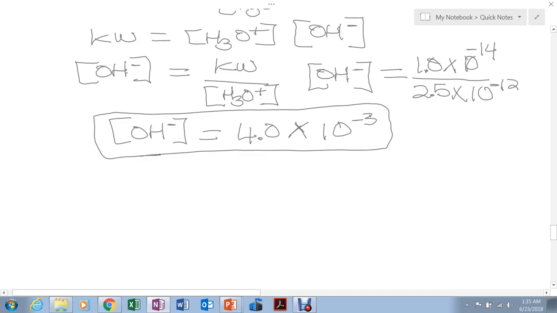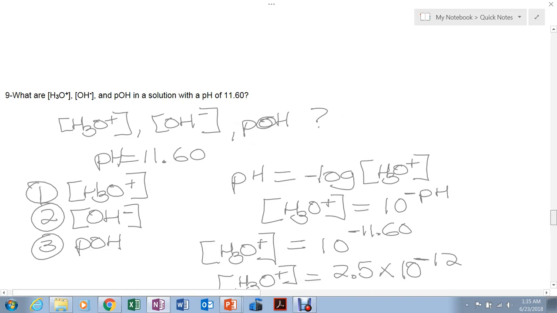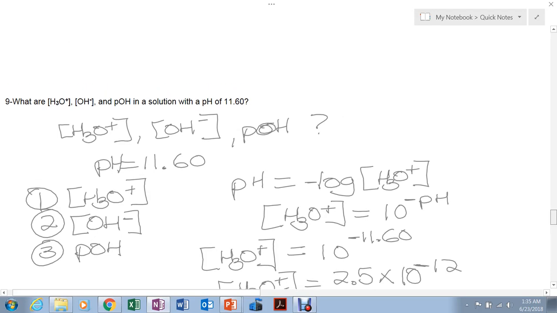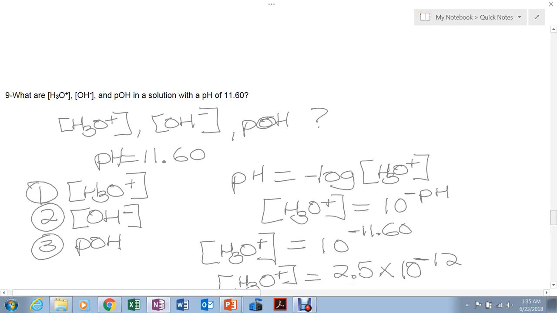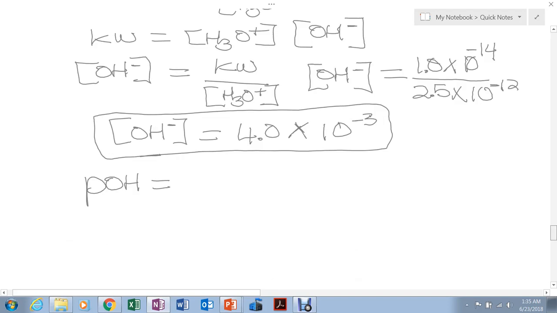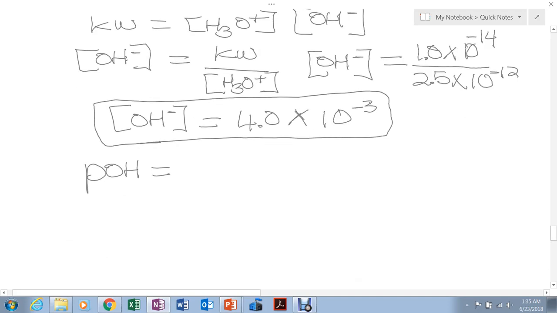So the pOH would be, because the problem is asking for the pOH too, right? The pOH would be minus the log of 4.0 by 10 to the negative 3.